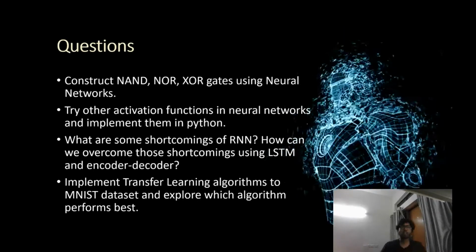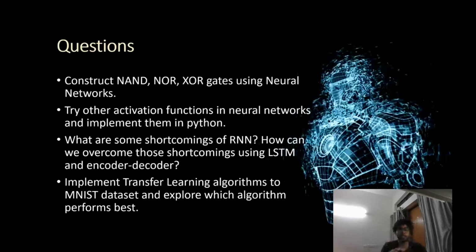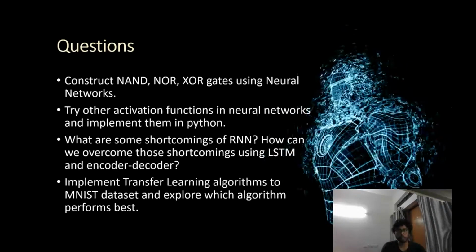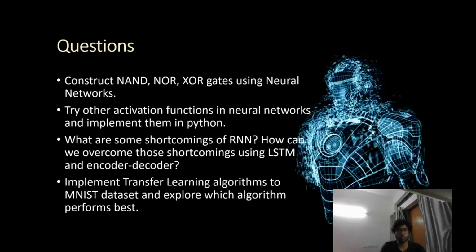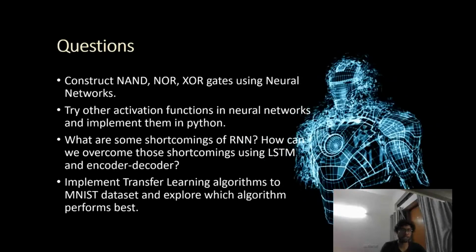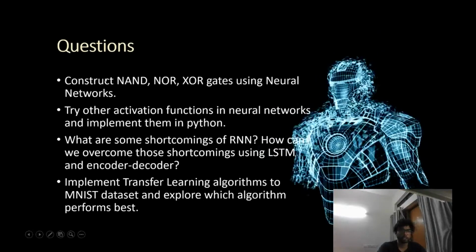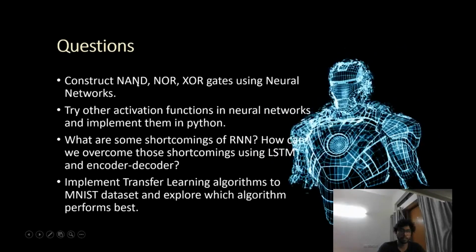So you don't build your model from scratch. You take their model and you modify it according to your data, and you make predictions using their model, their weights and biases, and so on. Okay, so these are some of the questions that you need to work on. I have shown how to construct AND gates, OR gates, and NOT gate.